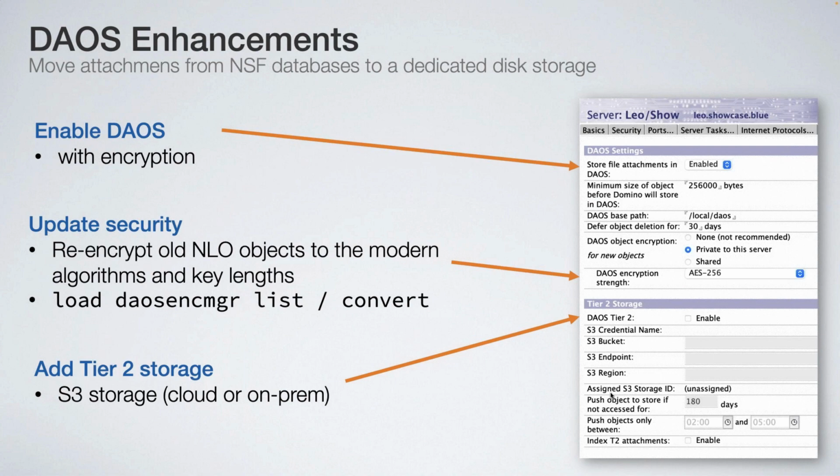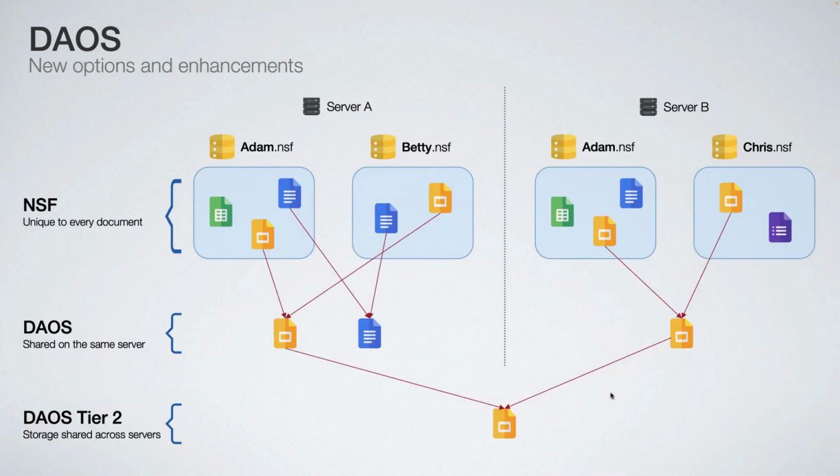I prepared a schema for this. First layer means attachments are stored directly in the NSF database. DAOS, as we know it for, I don't know, 8-10 years, now called tier 1, means the files are stored and deduplicated on server level.